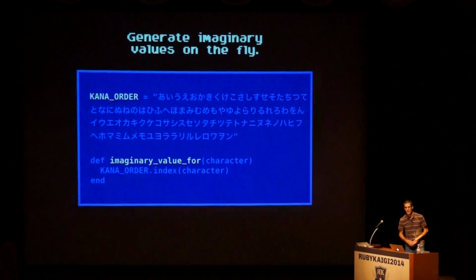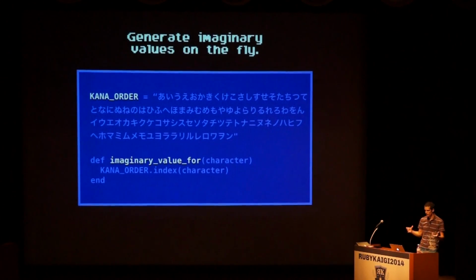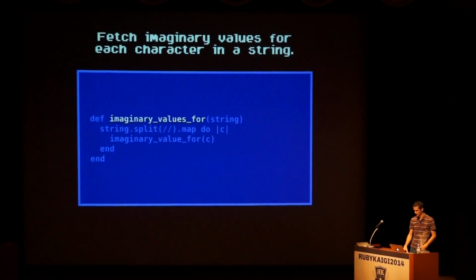So let's generate those imaginary values on the fly. Really easy. Put them all in an array, and then seek them by index. So basically, you want the imaginary value for a character, go to the kana order table, and look up the index of that character. I'm highlighting anything that we're going to use in a future method, so you can just kind of remember how it's implemented and then make reference to it later.